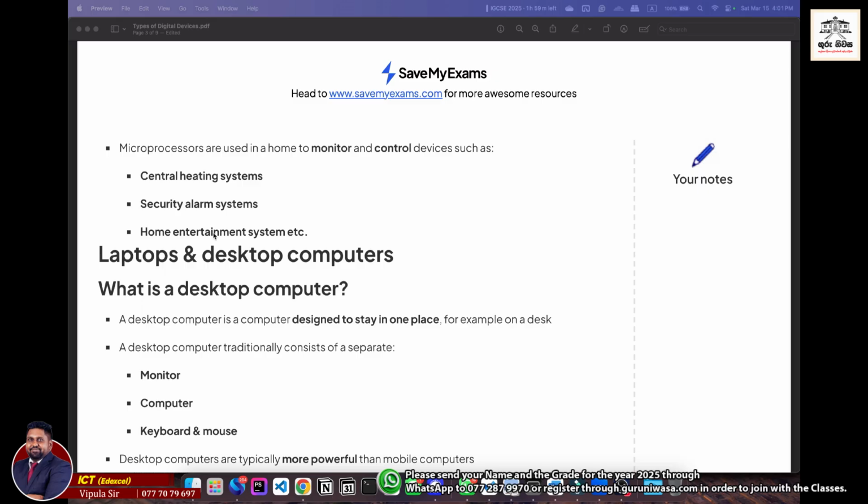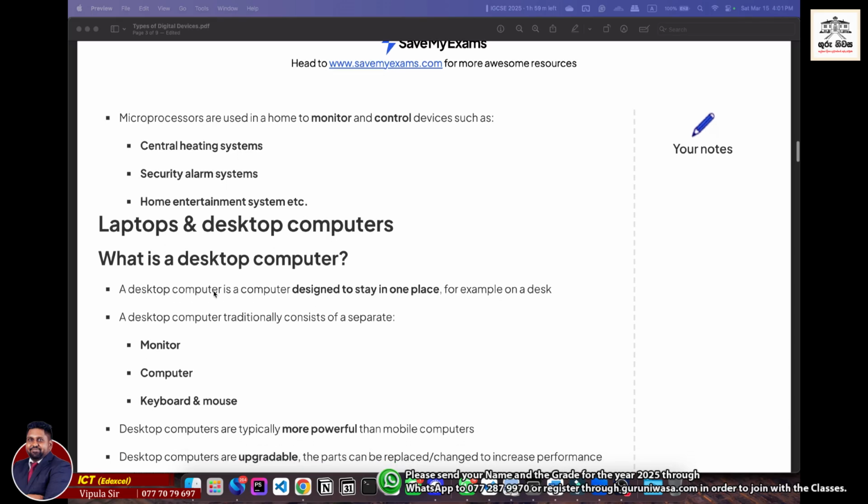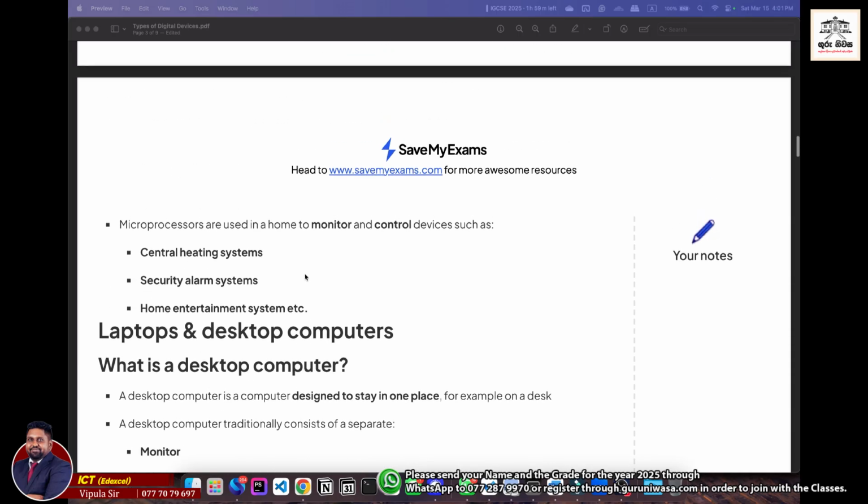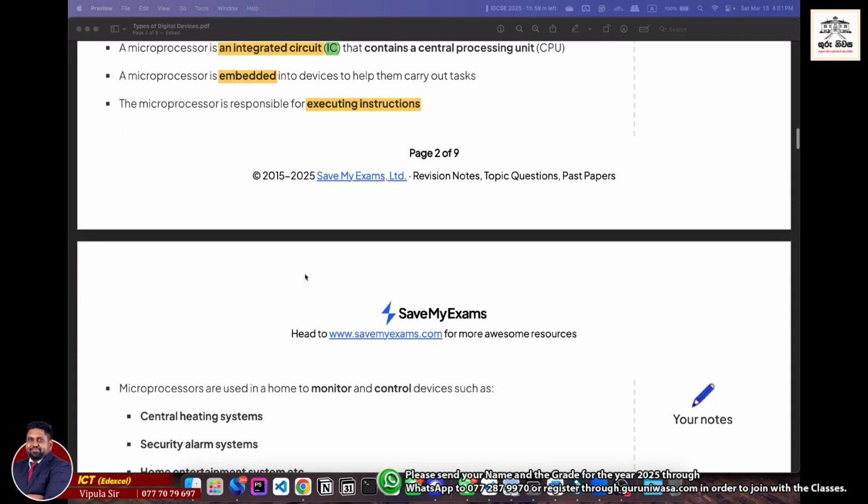So because of that reason, you have a certain set of microcontrollers which will perform these particular tasks. So that is about microprocessors.